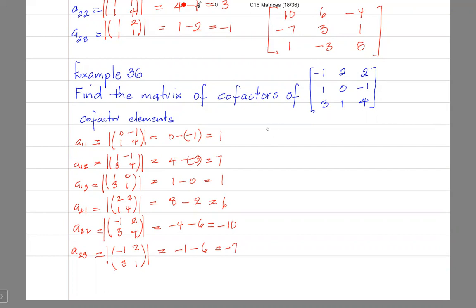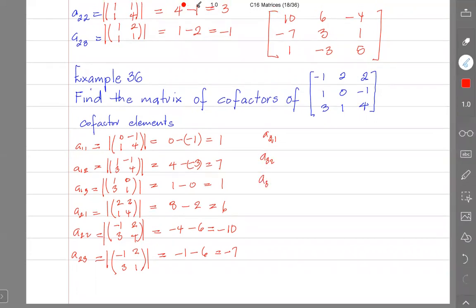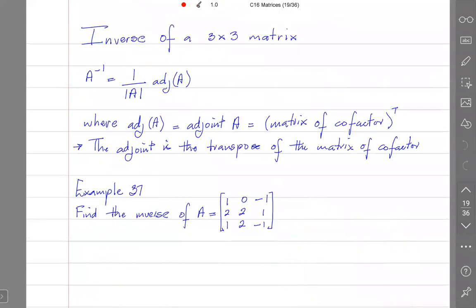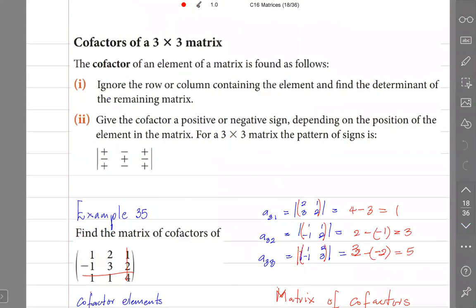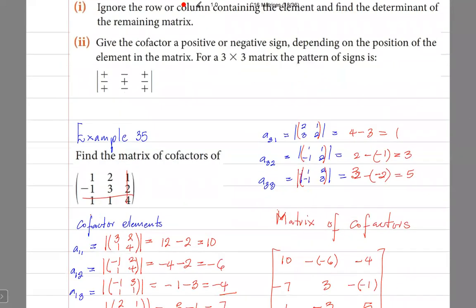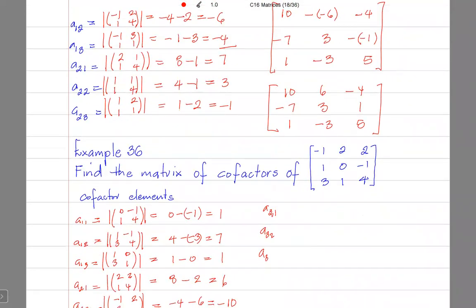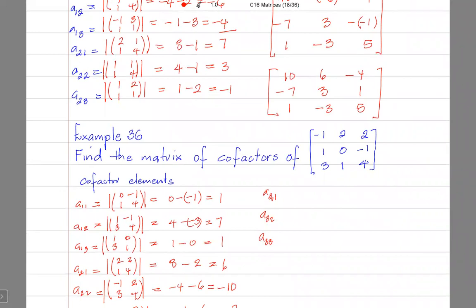So next we have A3,1, A3,2, A3,3. And we're learning how to find the matrix of cofactor, 3 by 3.